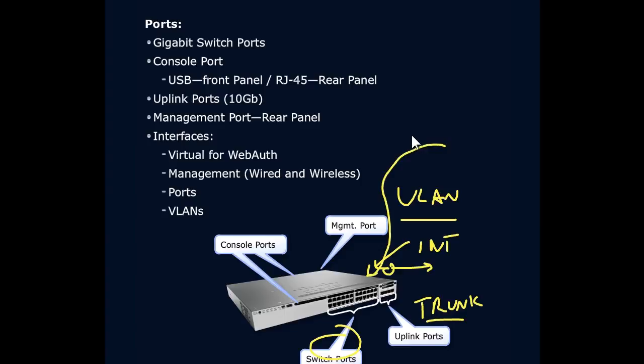We're going to have VLANs to support both the access points, that's what we call management VLAN, and then we're also going to have client VLANs that are associated with the end user devices that are wired and the wireless clients that are going through these CAPWAP tunnels. We'll need to have virtual interfaces for web-based authentication, the splash pages, for example, that the clients see, the management for the access points, as we said.